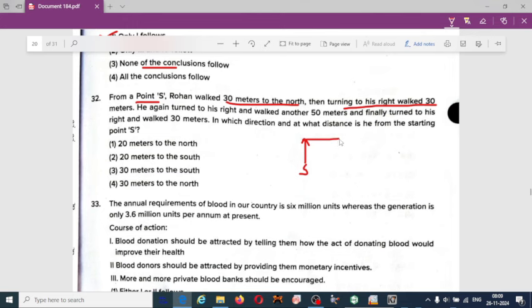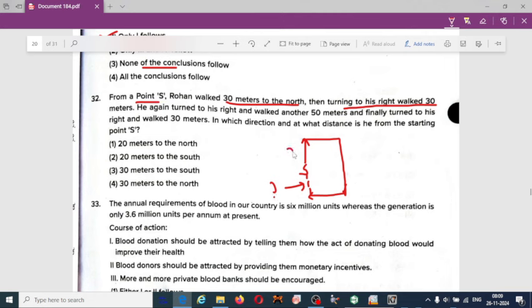Again he turned right and moved 50 kilometers, and then finally he turned and moved 30 kilometers. So what is the distance? This distance we have to calculate here.